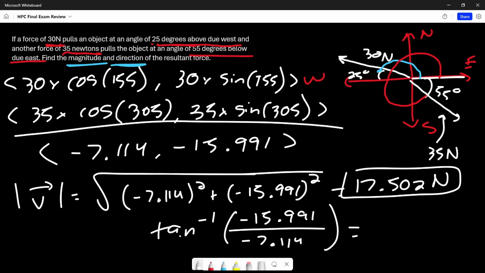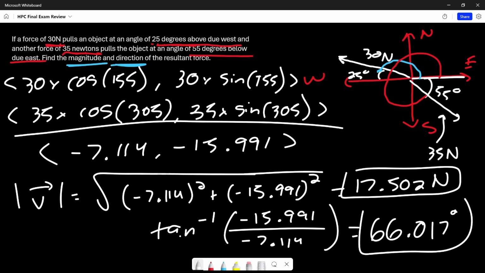If I plug that into a calculator, tan inverse of negative 15.991 over negative 7.114, we get a vector angle of 66.017 degrees. So that's how we find the magnitude and direction of the resultant force for this problem.